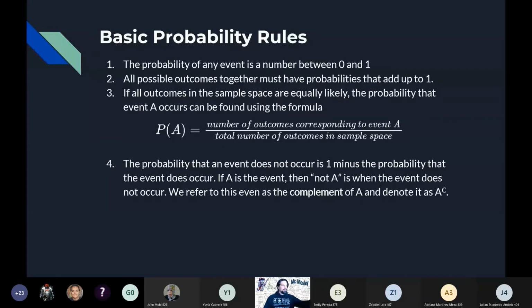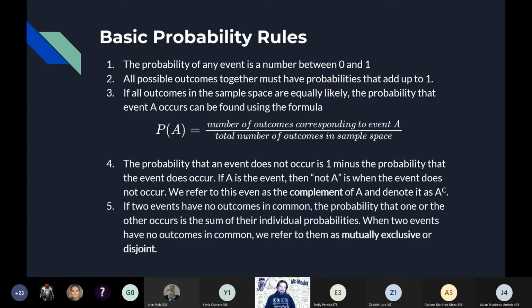I always have to look them up. But essentially the complement is everything else except that thing, right? It's what we would have to use to complete the rest of the sample set. Okay. So we have a complement and we have a notation for the complement of a specific event.